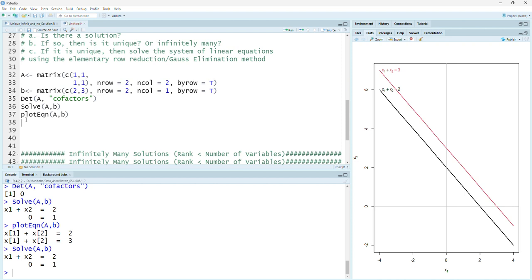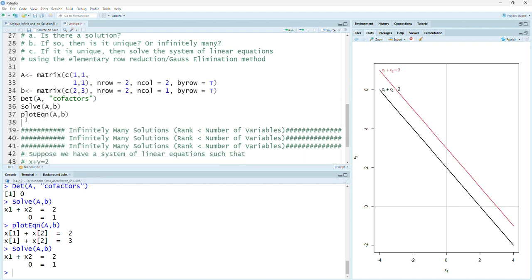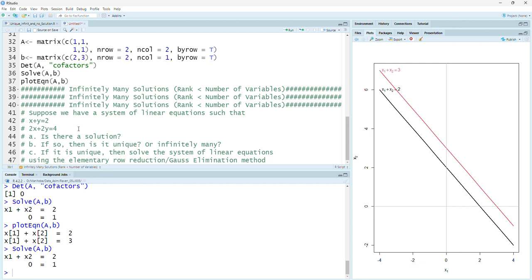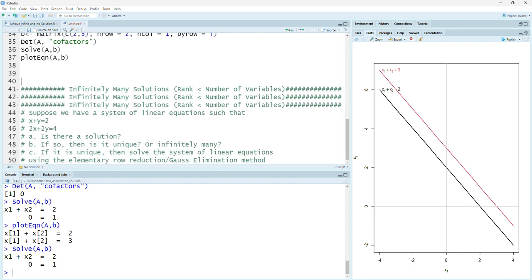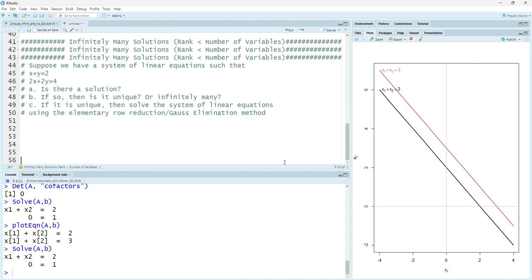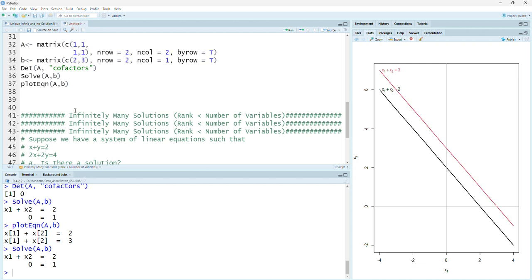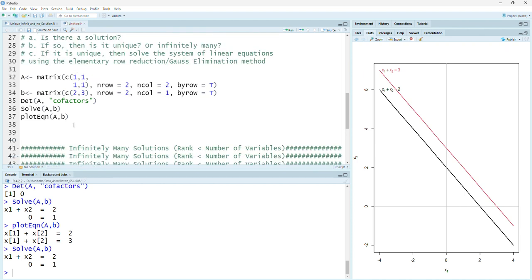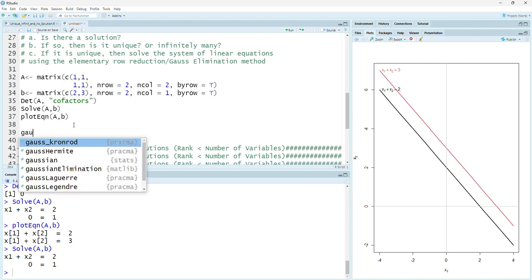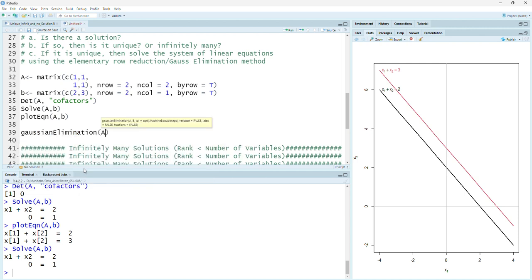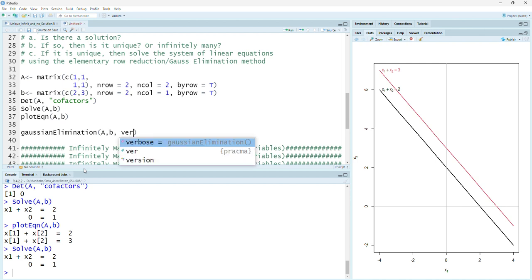Finally, let's take an example where we have infinitely many solutions. We have a system of linear equations: x plus y is equal to 2, 2x plus 2y is equal to 4, and we want to check similar things. Again, as in the previous part, if you want to solve it, use the Gauss elimination method with A comma B and run this command.